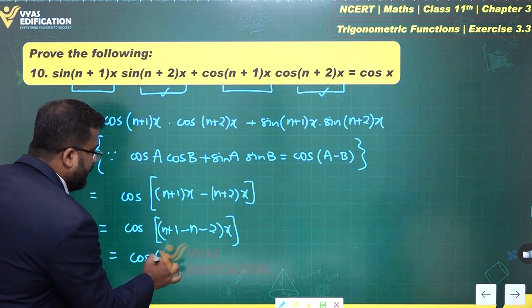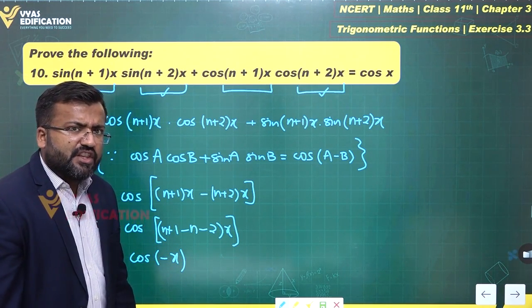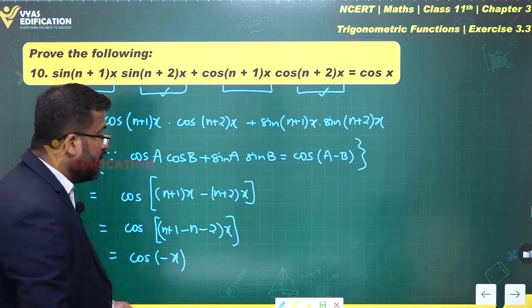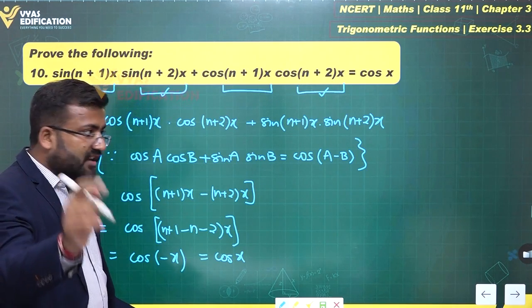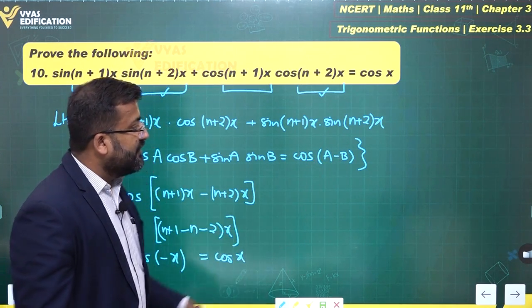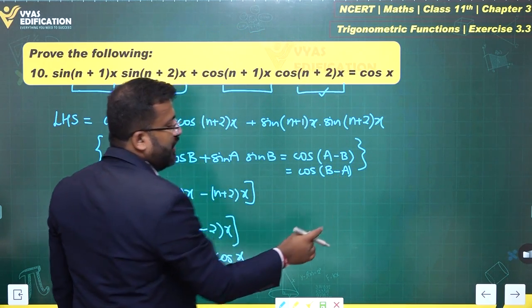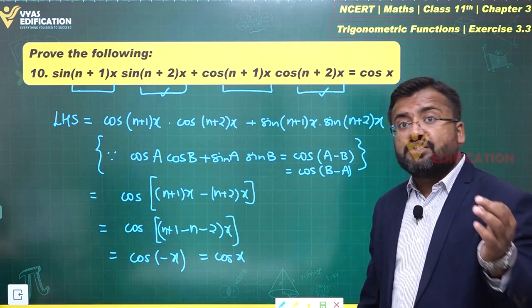So this is cos of minus x. What is cos of minus x further equal to? Cos of minus theta is equal to cos theta. So this can be written as cos x. Therefore, writing it as cos of A minus B or cos of B minus A will not have an impact, since cos of minus theta is equal to cos theta.